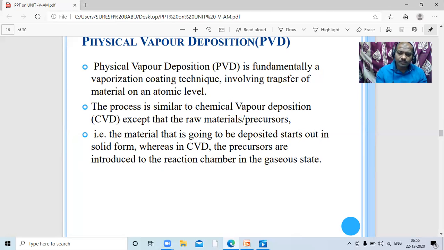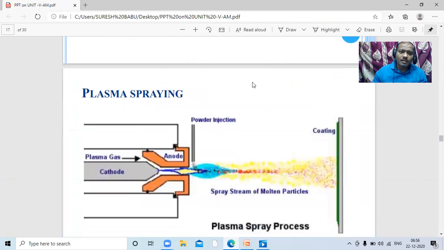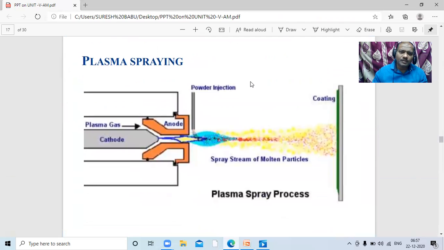Next, plasma spraying. If you observe this plasma spraying, it is one method of using the physical deposition process, that is, a physical vapor deposition method.